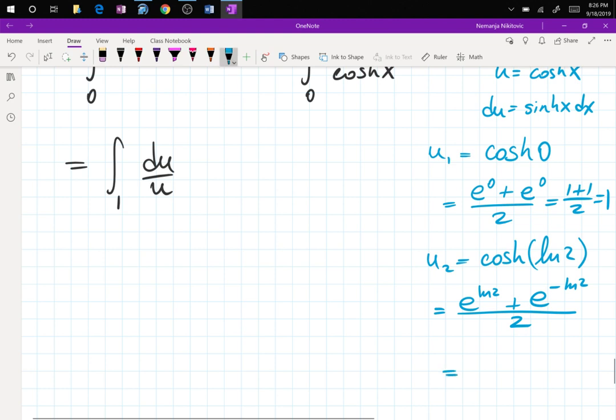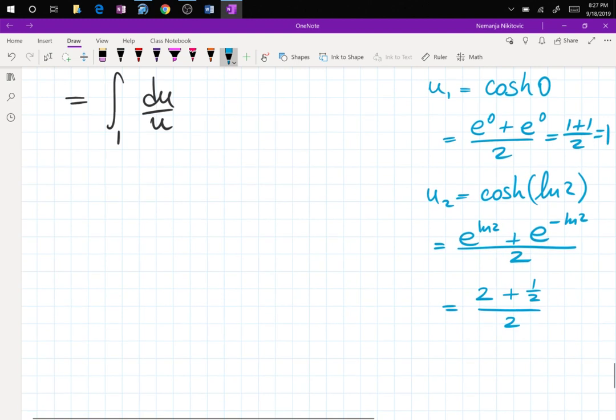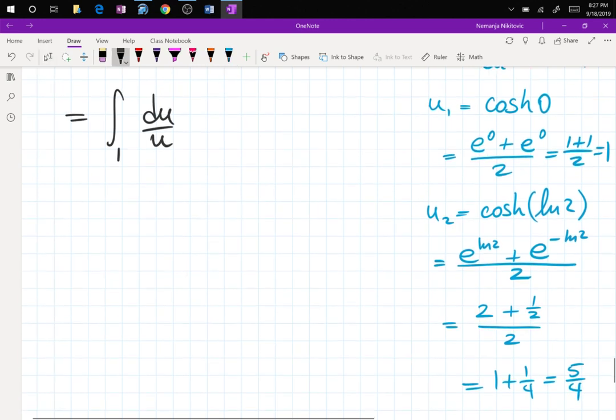E and ln cancel, leaves 2 behind. Plus, the negative makes the 2 into a half, so this is a half divided by 2, which is 1 plus quarter, for a total of 5 quarters, and that's your upper limit, 5 quarters.